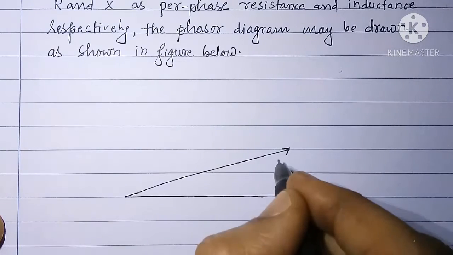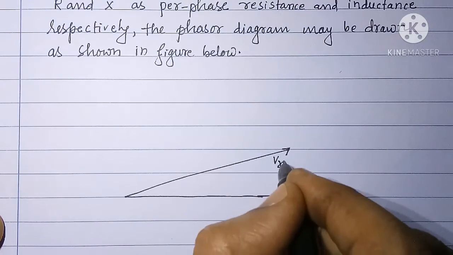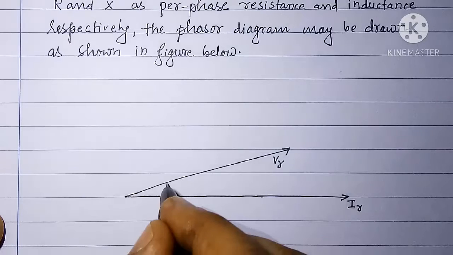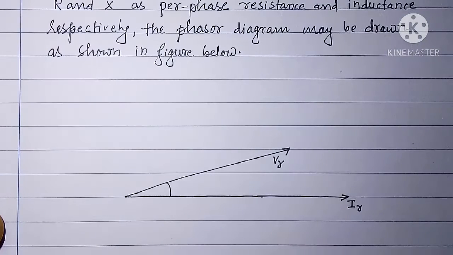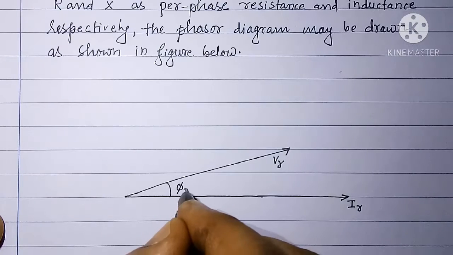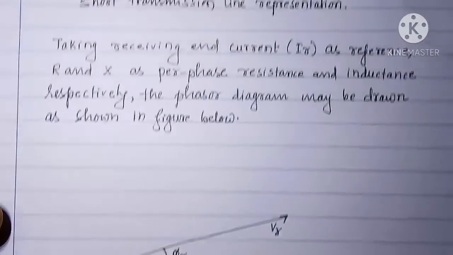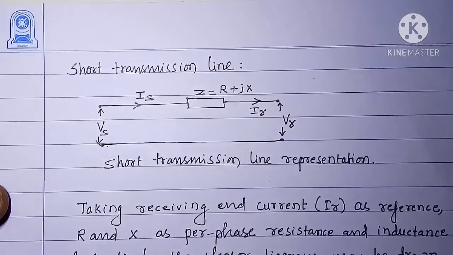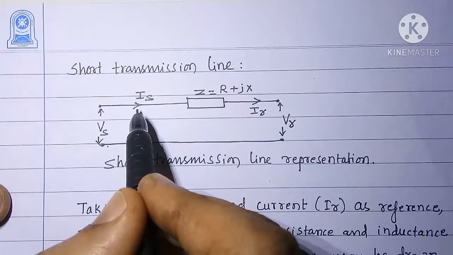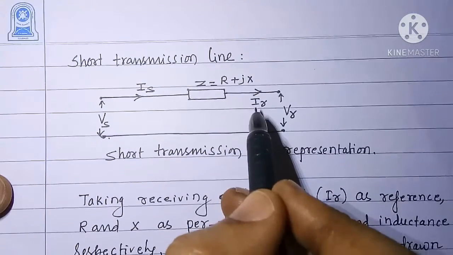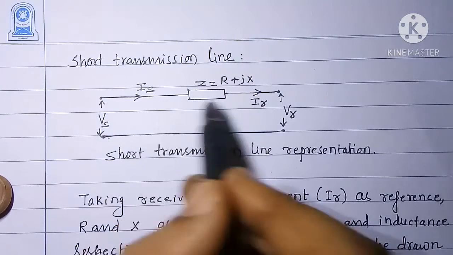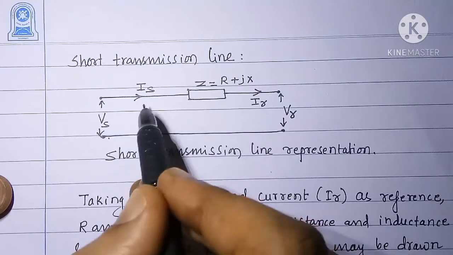Now this is VR, angle between VR and IR is phi r. Current IR and IS both are equal here because it is a series circuit.